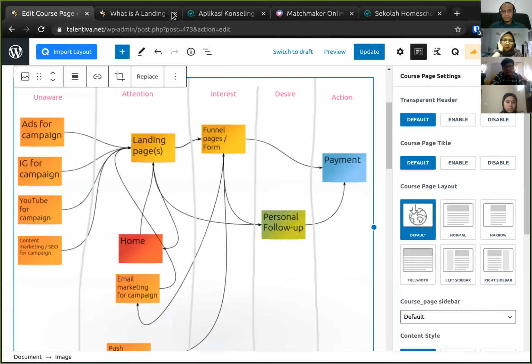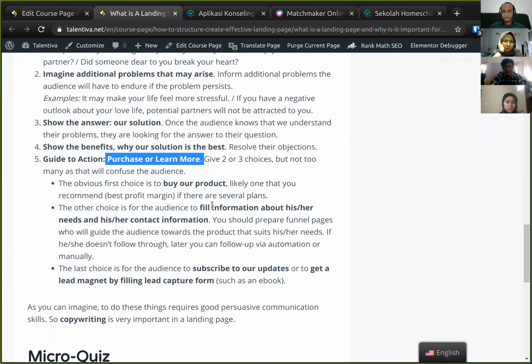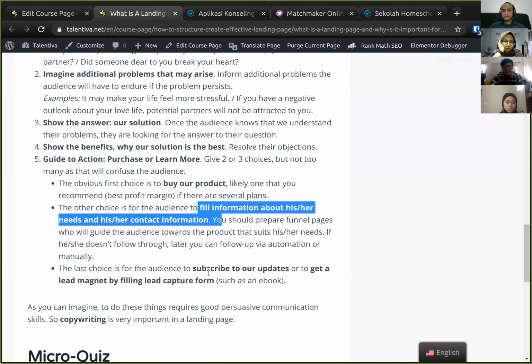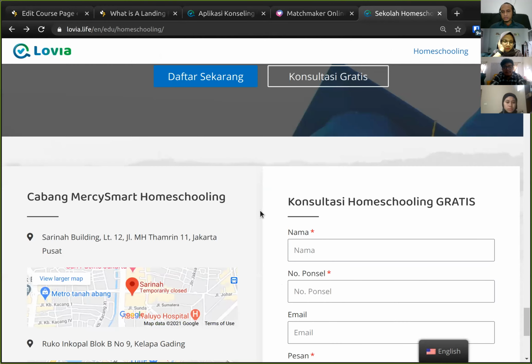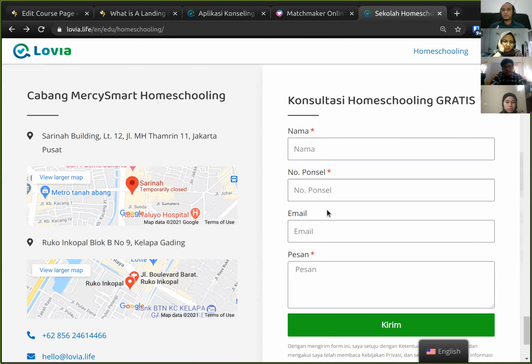And then purchase, learn more, and also subscribe. Subscribe or fill information. So in this case, the user is giving more information about the problem, and also we are asking them for the contact information.